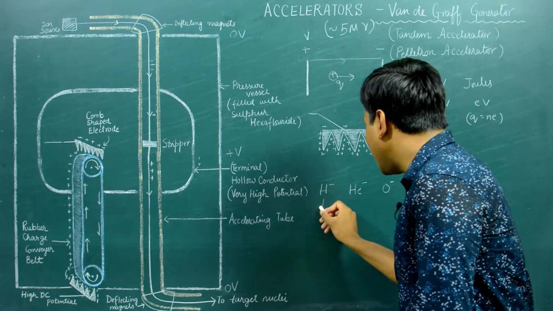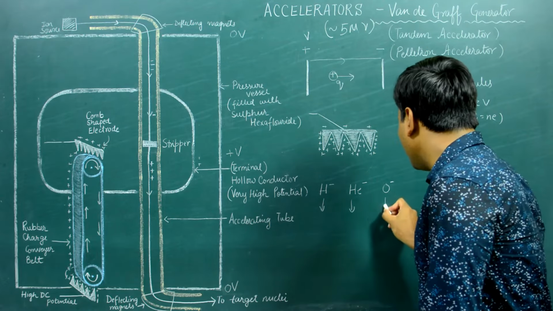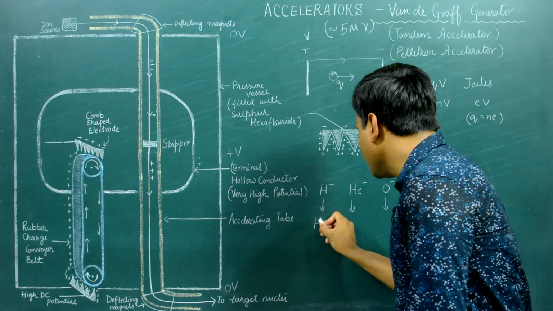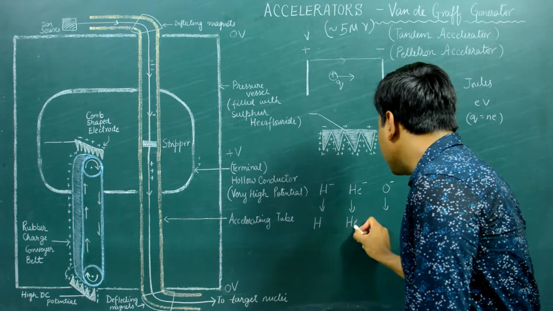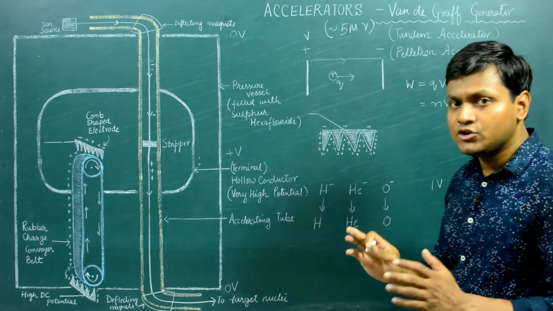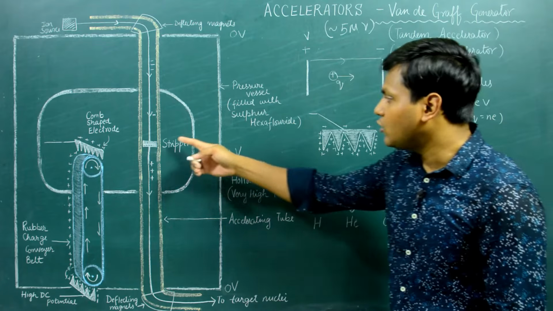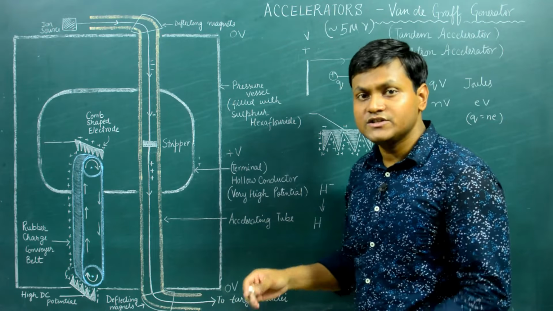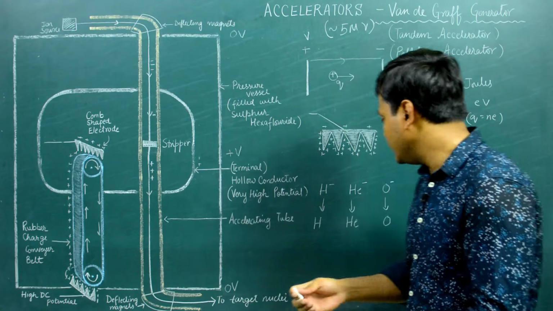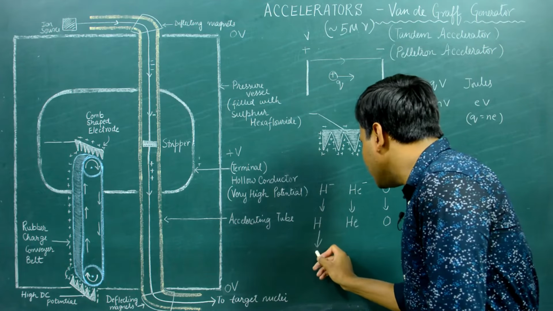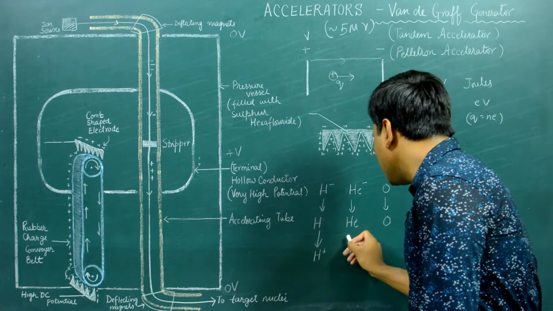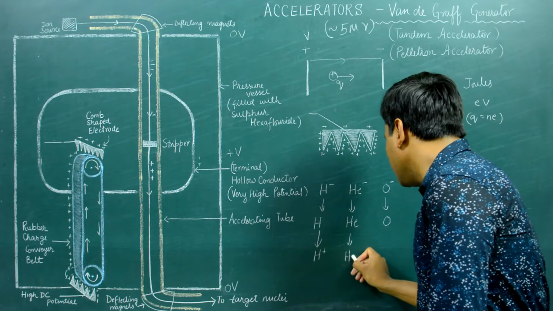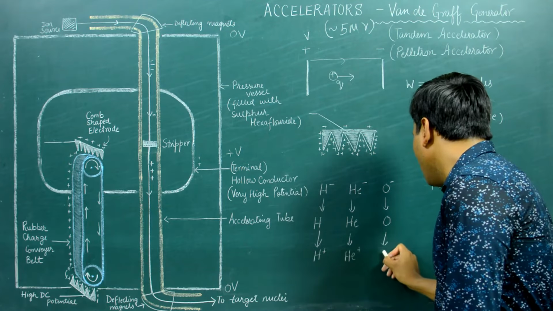Now these ions, after passing through the stripper material, will become neutral: H or He or O. But that is not sufficient because neutral particles cannot get accelerated in a potential difference. So we need to strip them of another electron. If you strip them of another electron, then this becomes H plus, He plus or O plus.